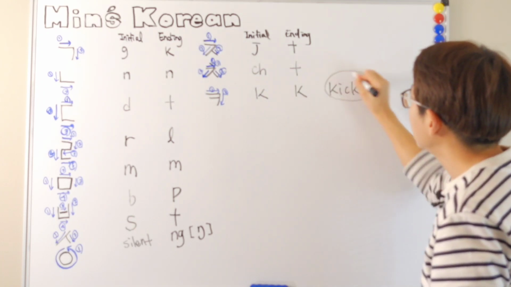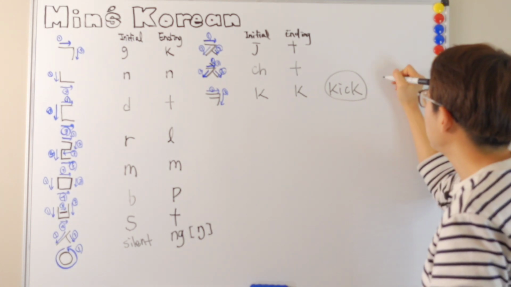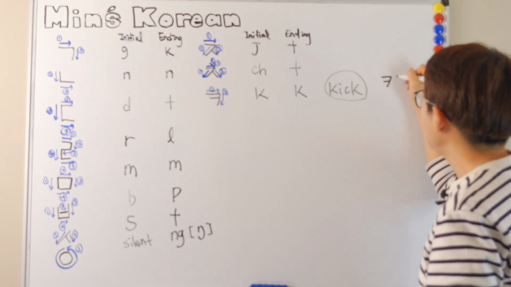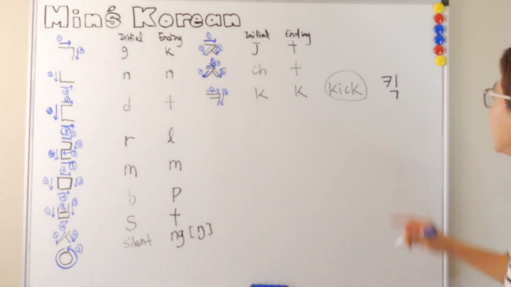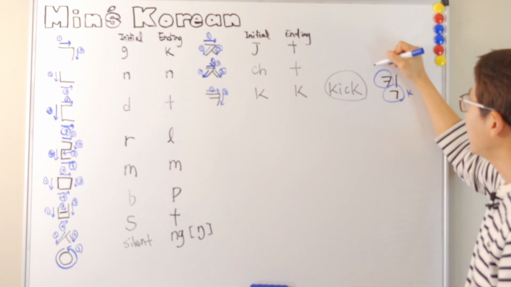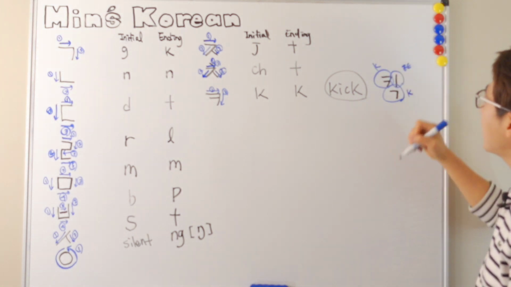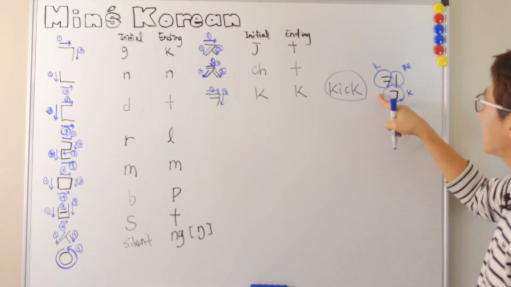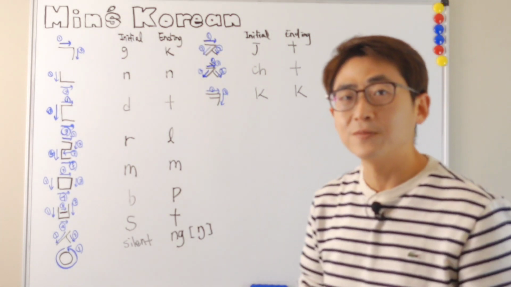So when you transcribe this one into Hangul, it'll be ki and just like that. But this one makes the same sound as K, and again this one is the same as K, and this one is E. So we have kick. Okay, and let's move on.